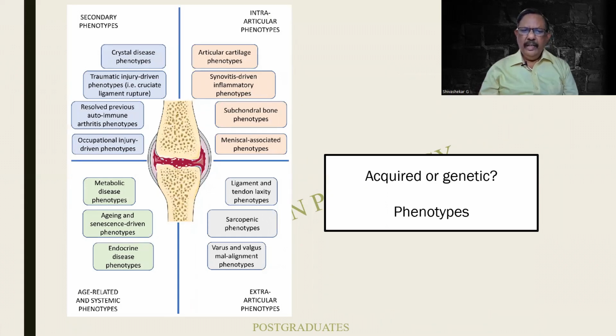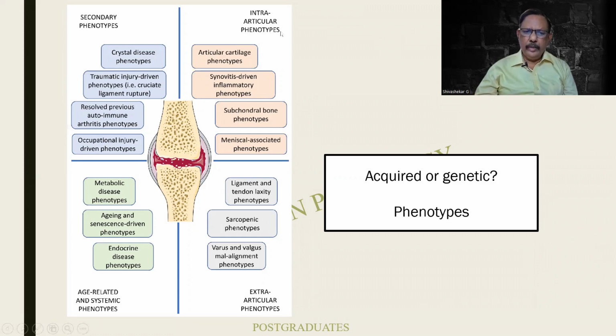This again is a very weird slide that I happened to pick up because almost all are mentioned as phenotypes. That is why I put it in, as to whether the disease of osteoarthritis itself is acquired or genetic. Look at this one. There are the primary phenotypes and then the secondary phenotypes.